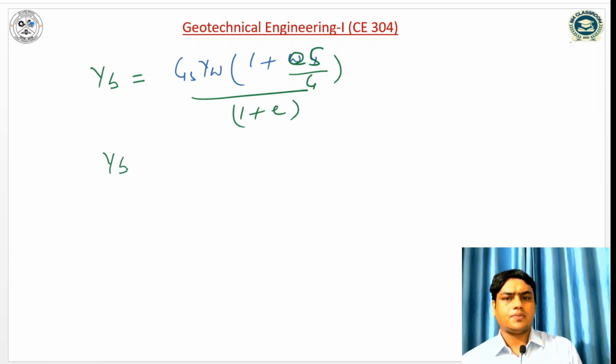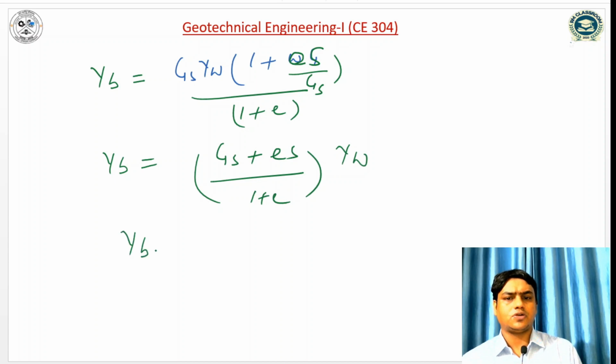So gamma B can be written as G plus eS divided by 1 plus e, into gamma W. So the expression of bulk unit weight is G plus eS divided by 1 plus e, into gamma W.